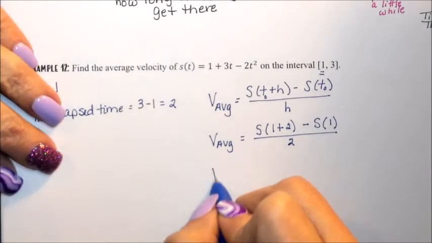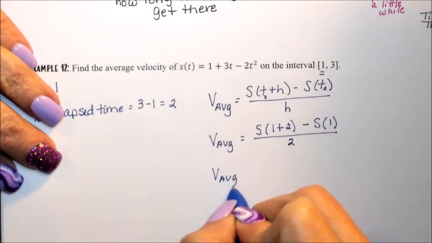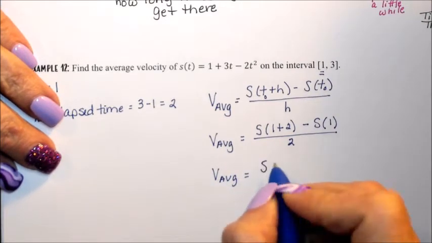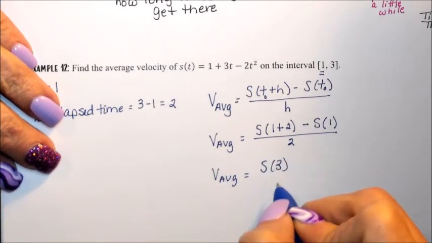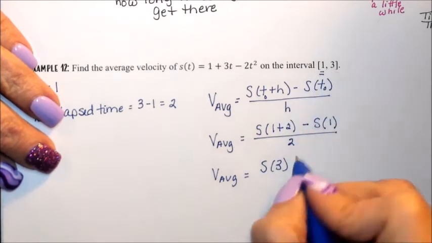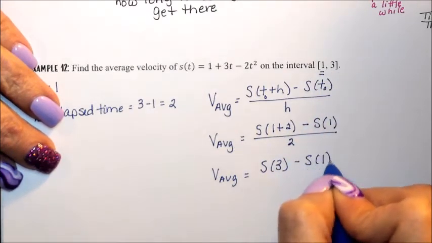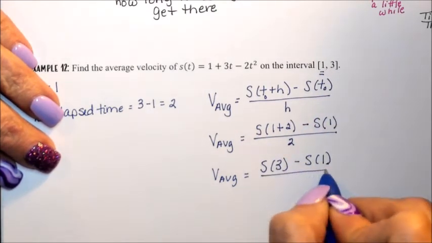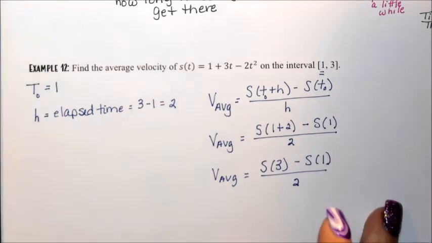All right, so that means the average velocity is nothing more than s of the end, which was 3, minus s of where we started, all divided by the 2 seconds or minutes, whatever it was that we actually did.